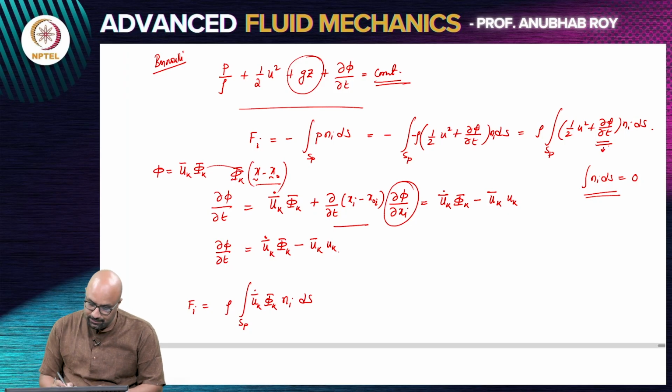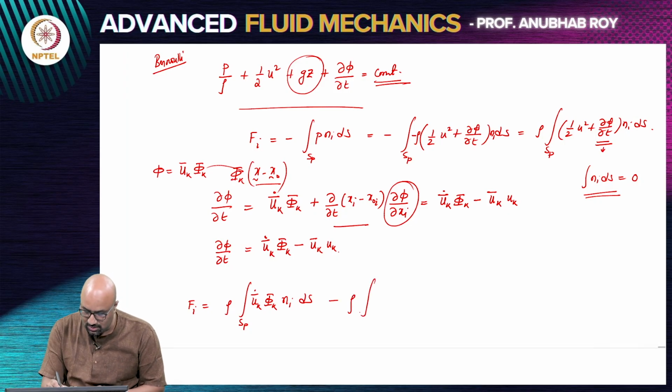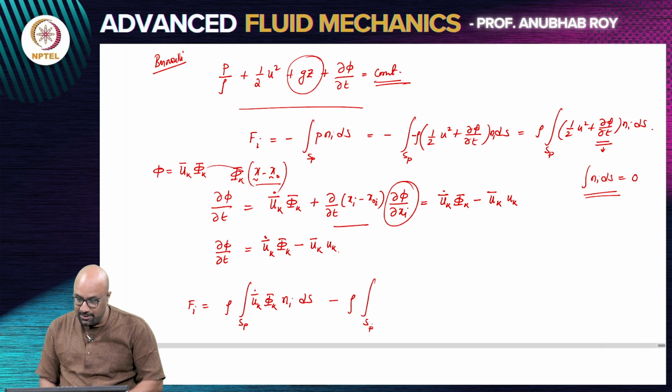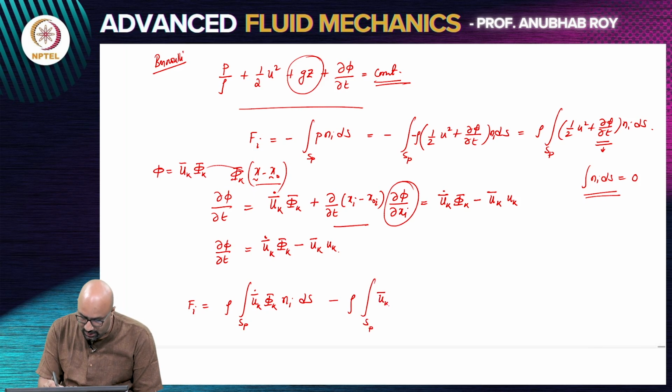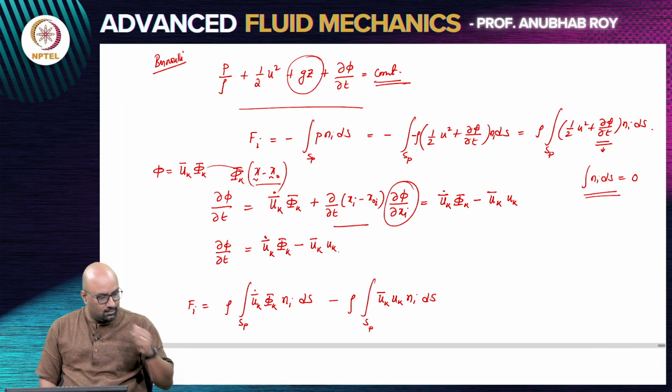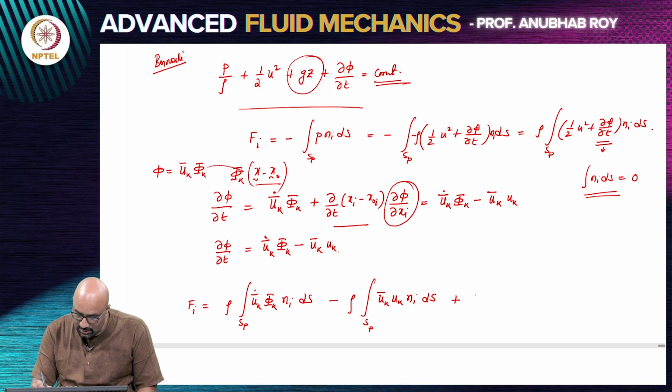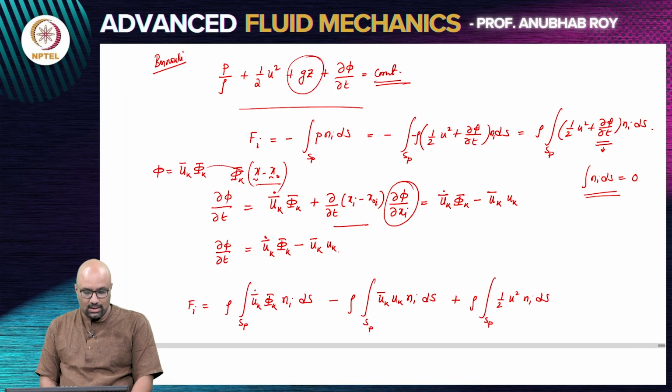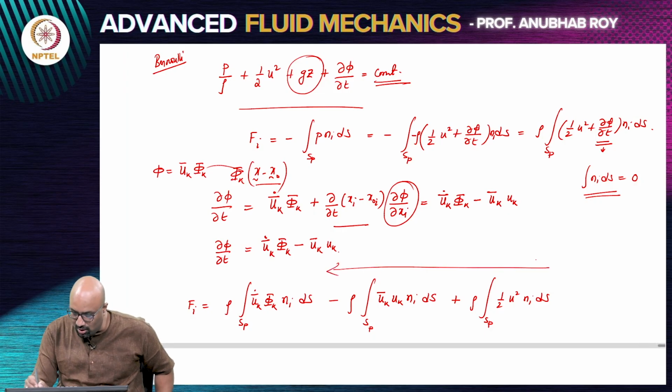Then there is a second term which is rho Sp, u bar k, the fluid velocity uk Ni ds. And then you have another term which is half u square Ni ds. That is the total force that any body is going to experience when it is translating with some velocity u bar. So now I will look at these two first in combination.